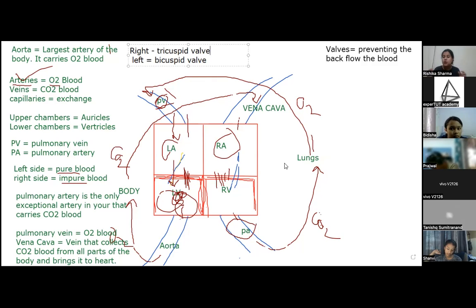Okay, so since the right side has deoxygenated blood, that is why tricuspid valves are there. The left side has oxygenated blood, so bicuspid valves are there. Okay.